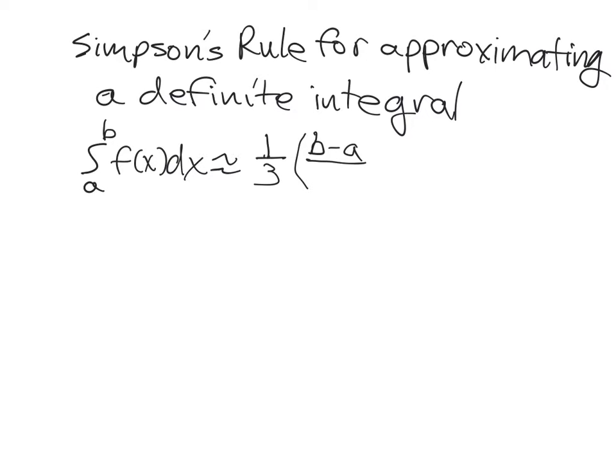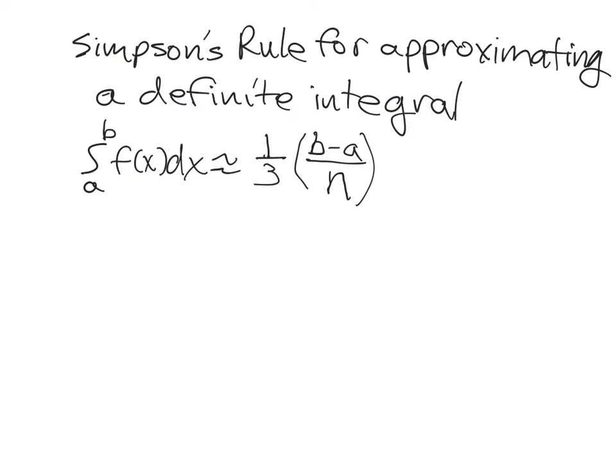So it's going to be b minus a over n. And where have we seen that before? That's delta x. So that is where that x sub 3 minus x sub 1 over 2 comes from when we separate that interval into two parts.